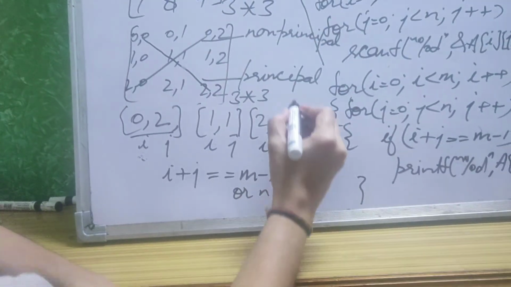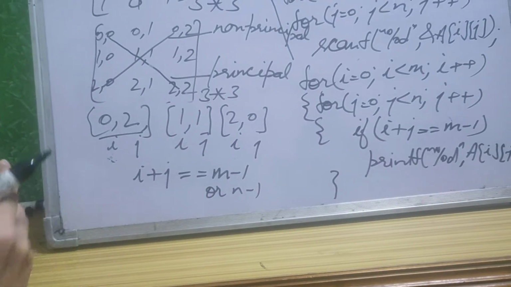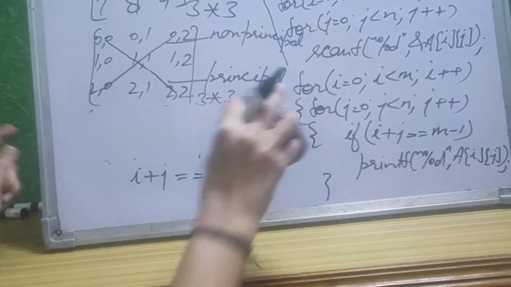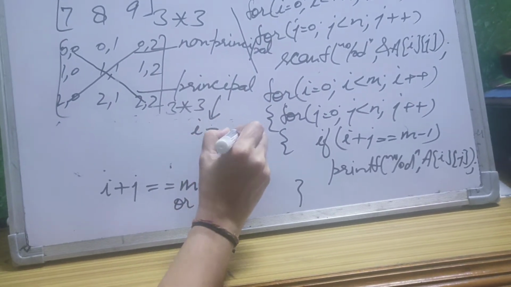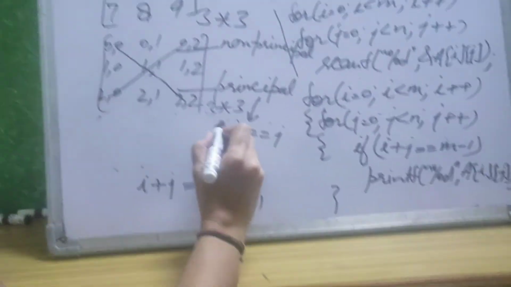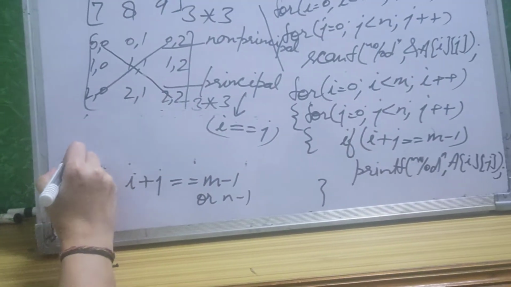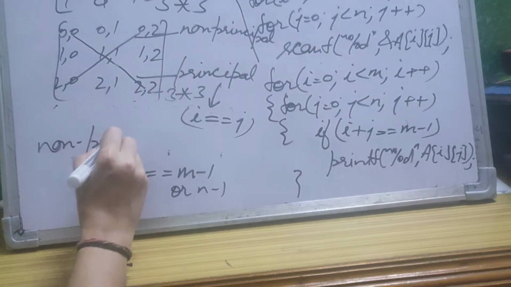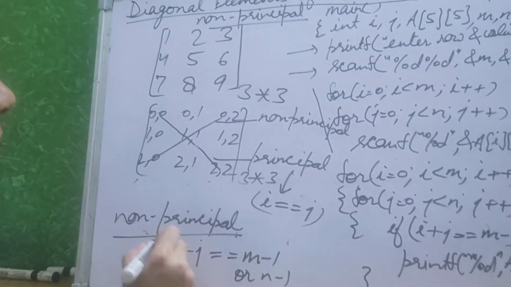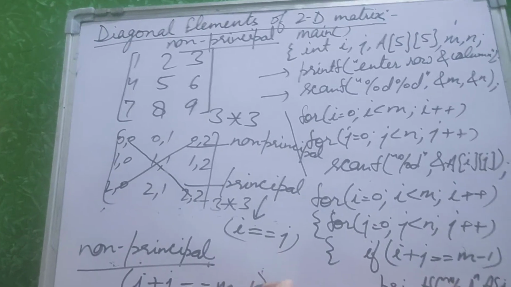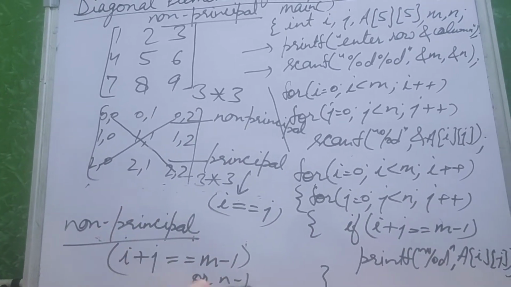For the principal diagonal, what is the condition? i equals j. And for the non-principal diagonal, what is the condition? i plus j equals m minus 1 or n minus 1.